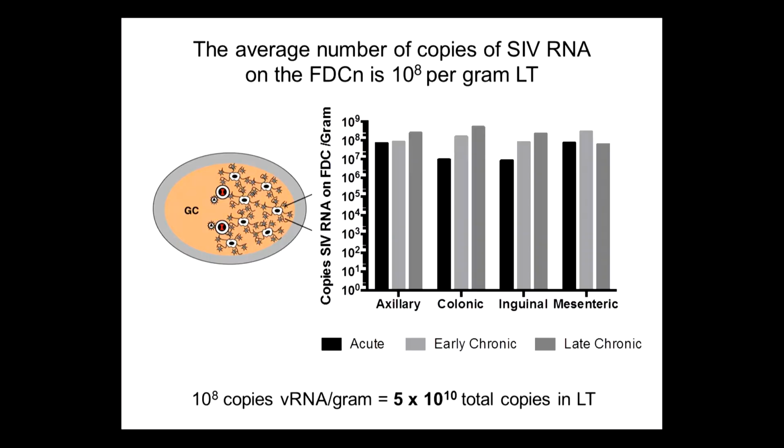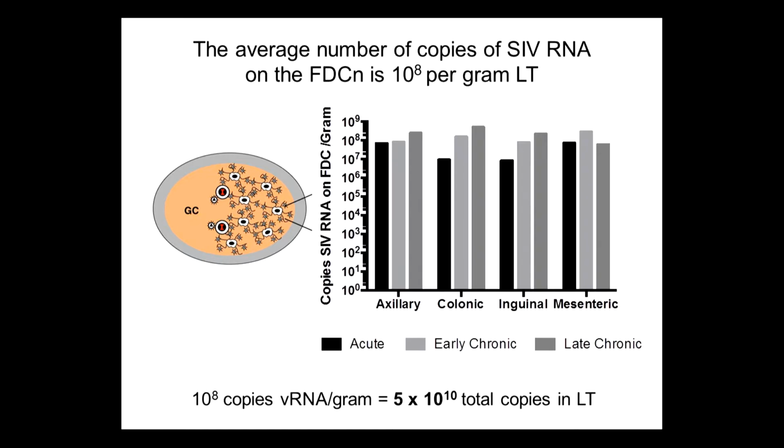And you can count those particles. And I could go through the methods with you if you're interested, but we have developed quantitative methods to be able to count the number of virions that are attached to the FDC network. And again, looking at these different lymph nodes at this different point in time, you can see that even in the earliest stages, in terms of per gram of tissue, it's 10 to the 8th virions are there and attached.